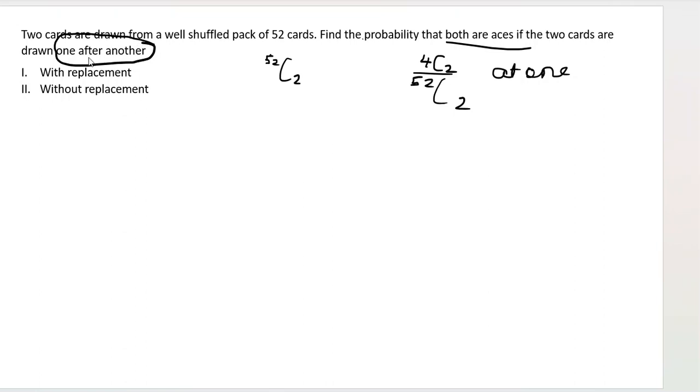This line is very important to change the approach of solving the problem. So this approach about combination will not help because here the cards are drawn one after the other, and therefore when two cards are drawn one after the other, they become separate events. That is, they are no more one event, they become separate events.